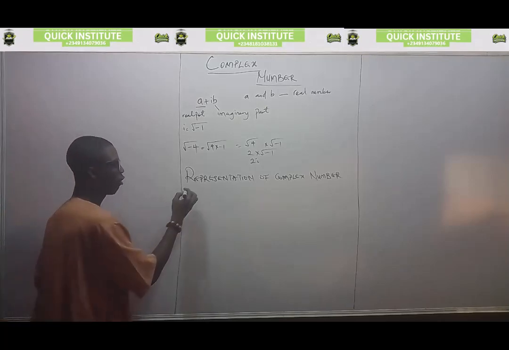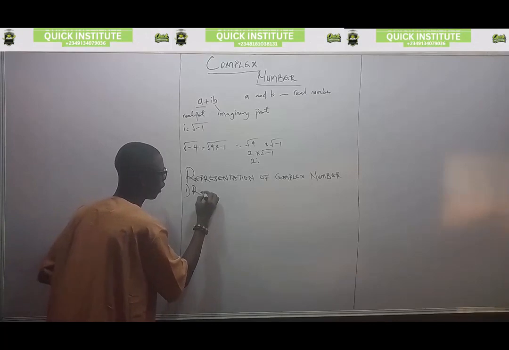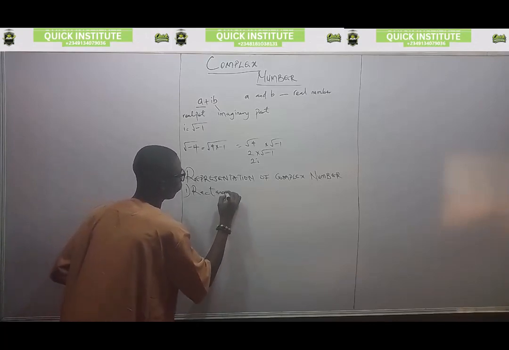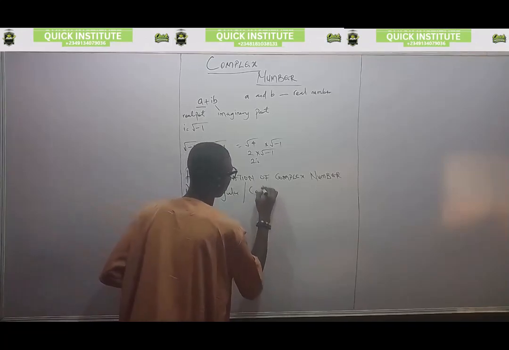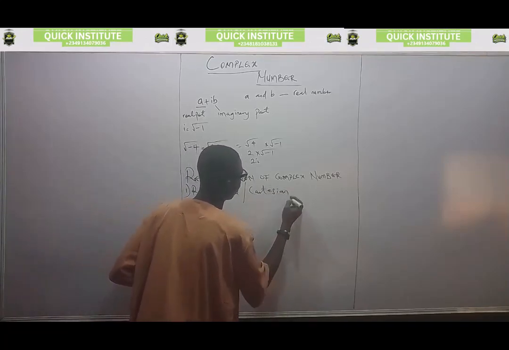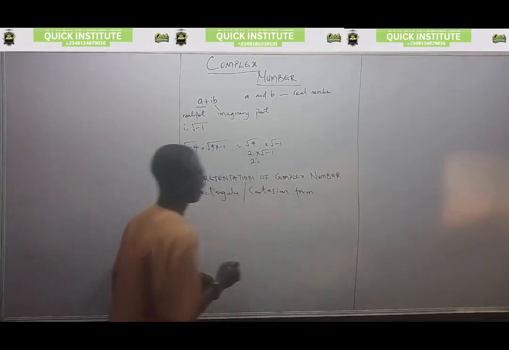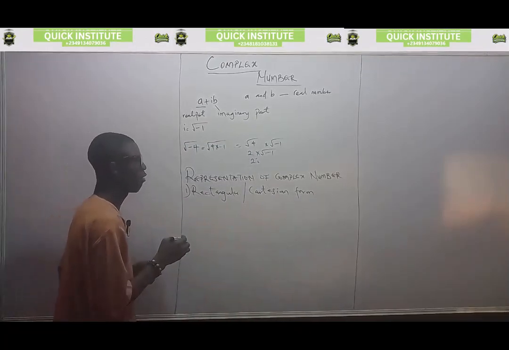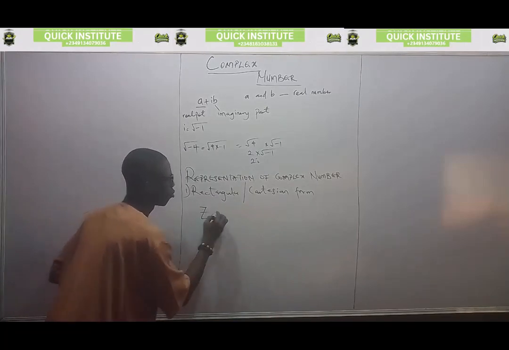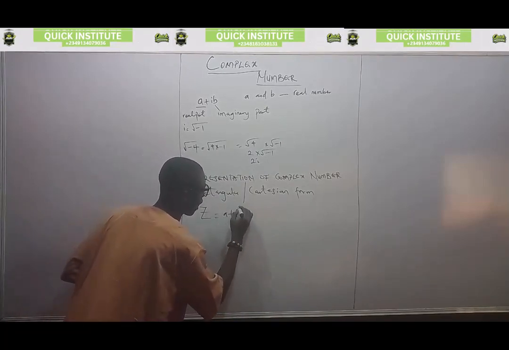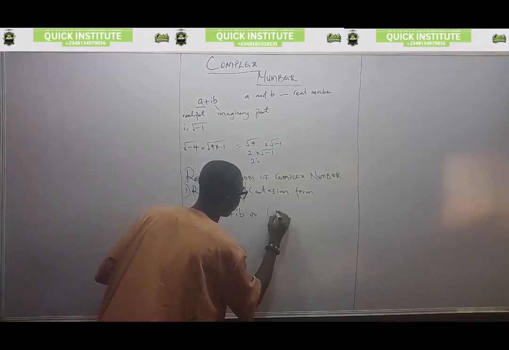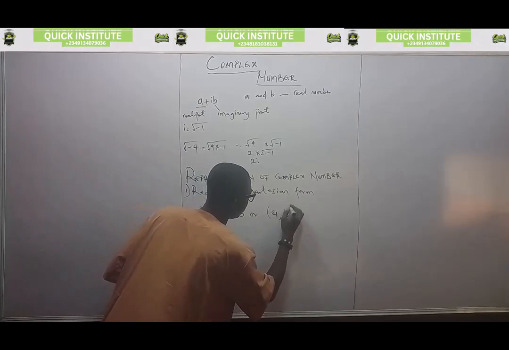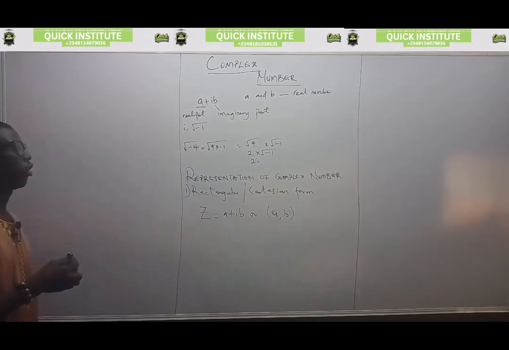The first one is the rectangular or Cartesian form. Let's say you have a complex number z equals A plus iB, or we have (A, B). That's what we call rectangular or Cartesian form.